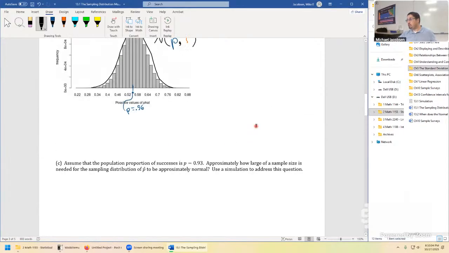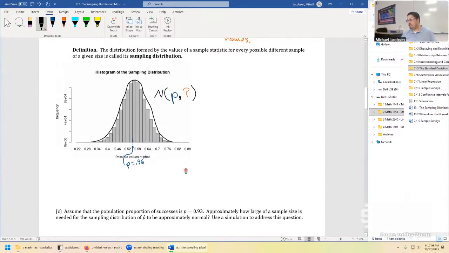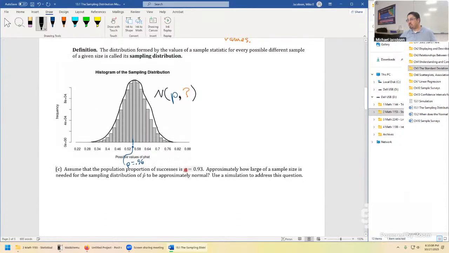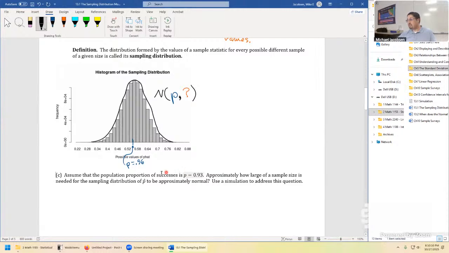Well, let's take a look into the last part C. Suppose, just for the sake of seeing what can go wrong, that the true population proportion of successes is 0.93, say close to 1. For this sampling distribution, we had a sample size n of 50.